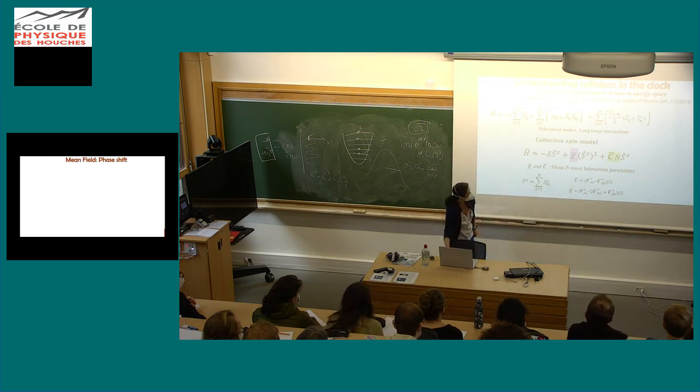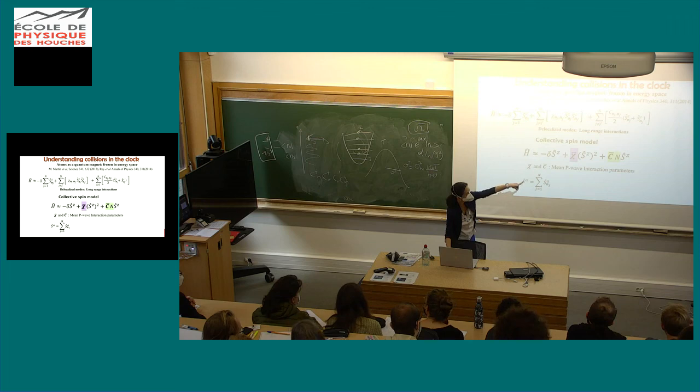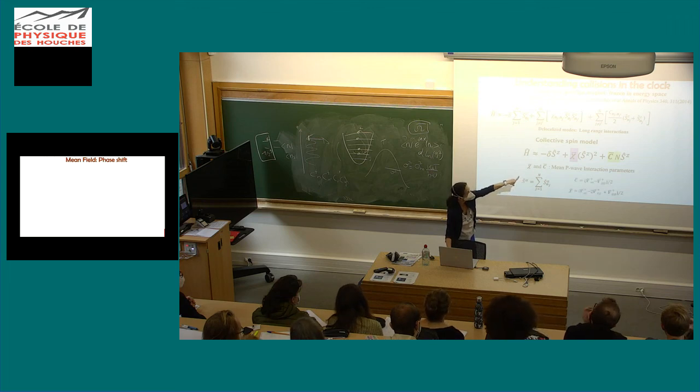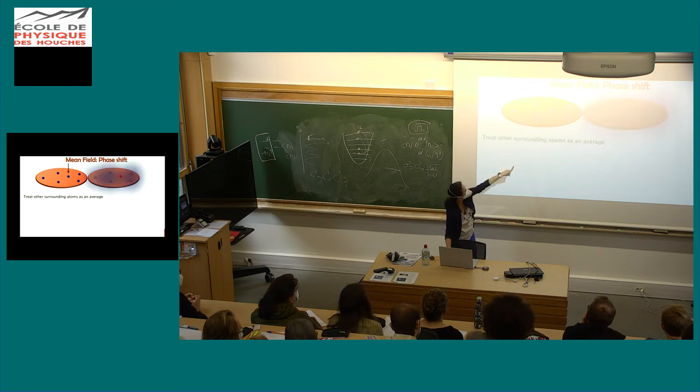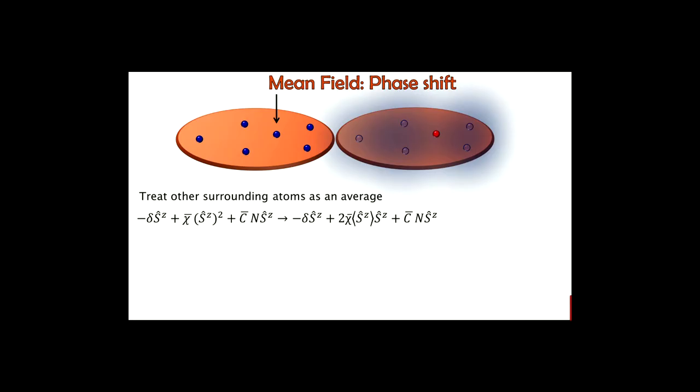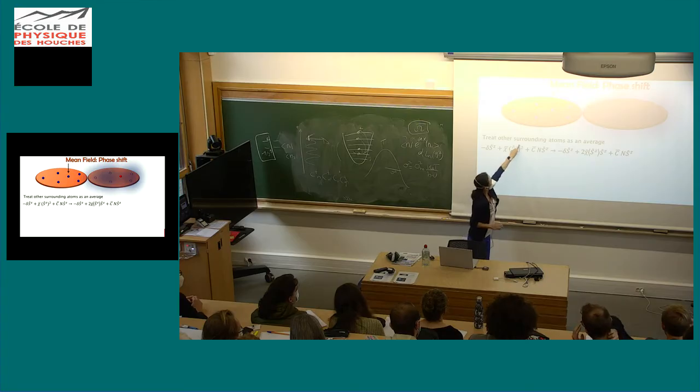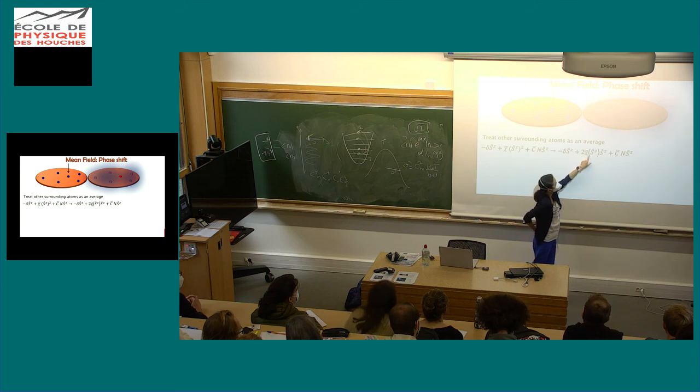Now, let's try to do an even more simplified treatment, that is, try to do a mean field approximation of this model. A mean field approximation of this model tells me my atom, one atom, is interacting with the rest of the atoms, so I don't care exactly what the rest of the atoms does, so I can replace this operator as 2 times the expectation value of SC times SC.